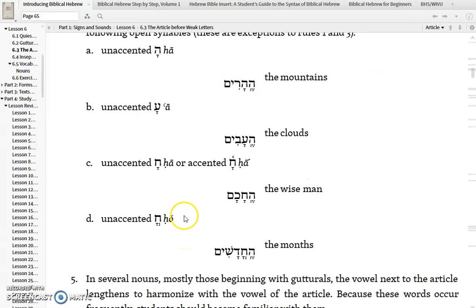A chet, whether it's accented or not, with a kamatz under it, also has that. So a wise man or a sage is hakam. Well, the sage is he-hakam. And a chet with a hataf kamatz under it also will end up with a segol under the hey. So a month is chodesh, the plural is chodashim, and you put a hey in front of it and it'll be he-chodashim.